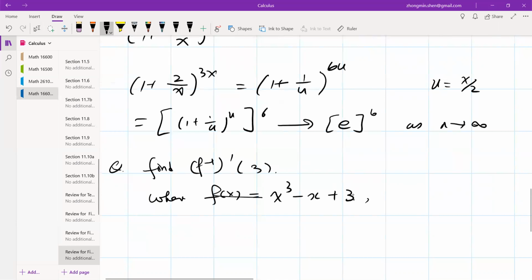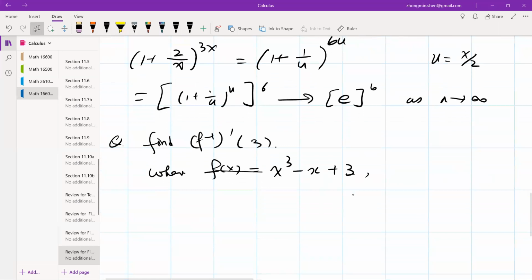Assume that x is greater than 1. No, let me change it, because it is not necessary to put a positive sign here. Then it's okay.